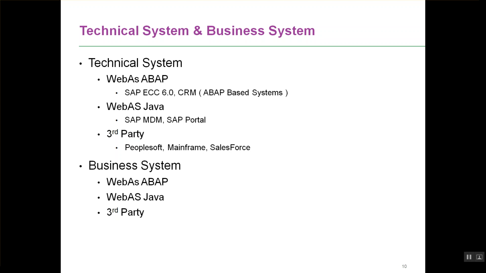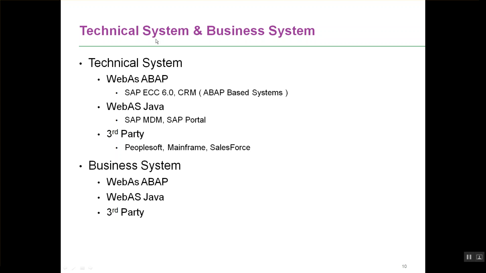Each client of an SAP ABAP system, your 000 client, your 200 client, your customizing client, your development client, each of these clients can have a business system. So for one technical system of type web-based ABAP, you can have n business systems created. Whereas the relationship for web-based Java and third-party is 1:1. Each Java technical system and each third-party technical system can have only one business system associated with it.